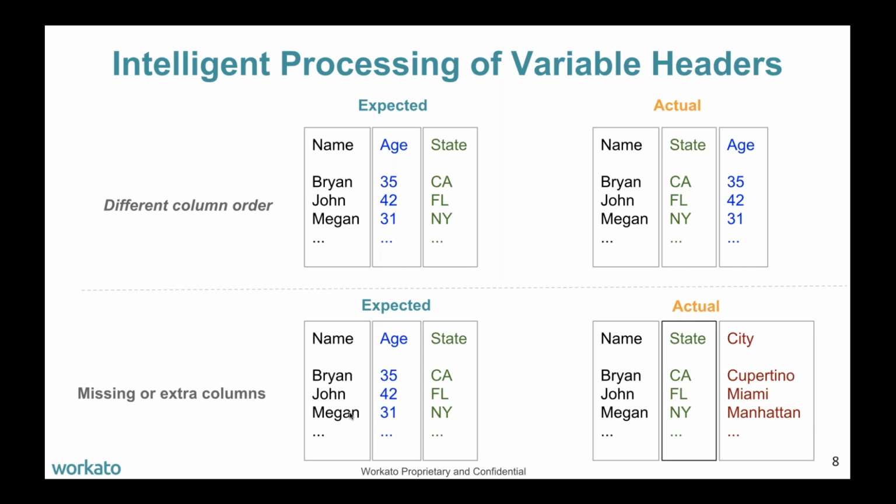So we can recognize a single column by its header name and understand the file that way. When a recipe author maps the data pills within the recipe, he or she doesn't need to be concerned about the ordering. If you're mapping the state data pill, it's going to read from the state column wherever it is within your CSV file.